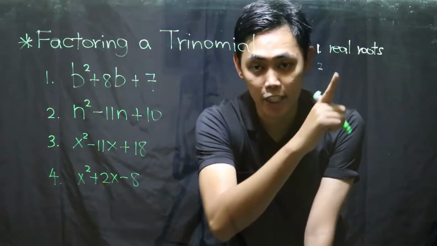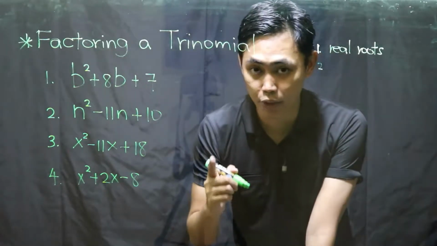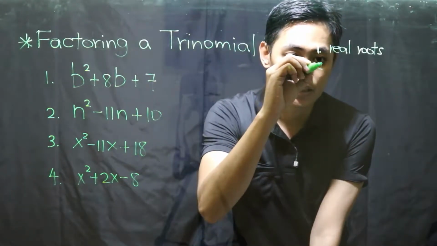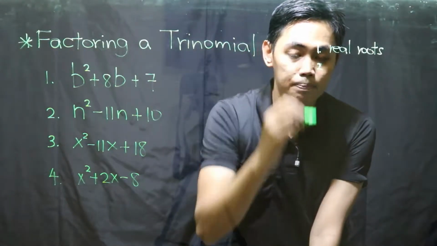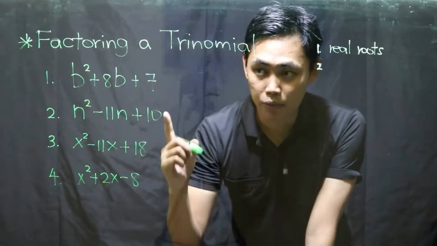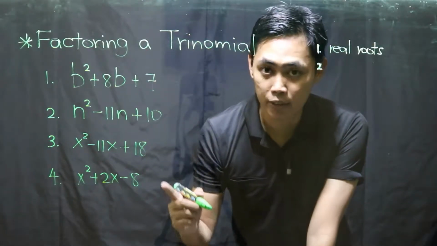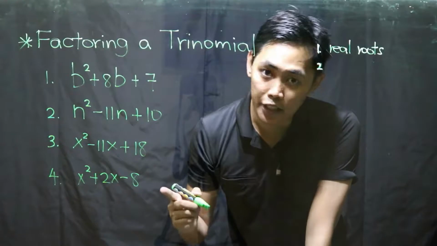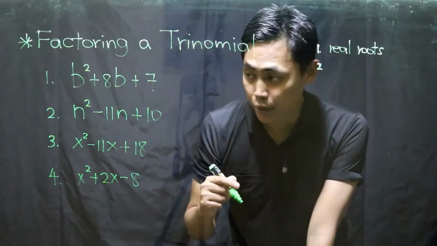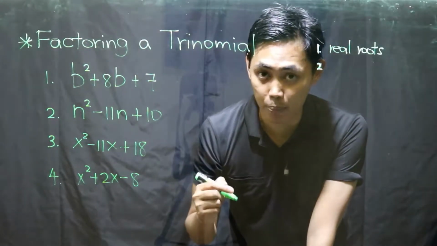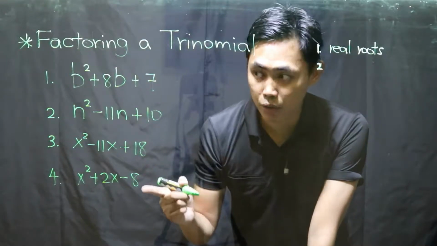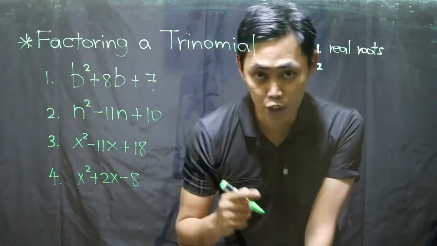It's not an imaginary number or the square root of a negative number. Second, the roots of a particular trinomial can be a negative number or a positive number. Also, they can be fractions.